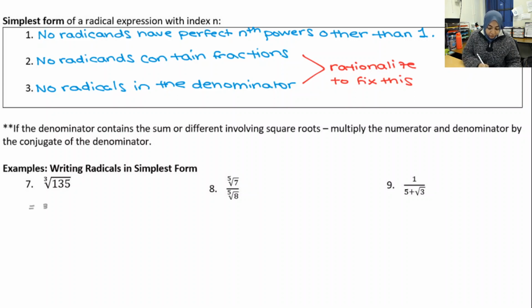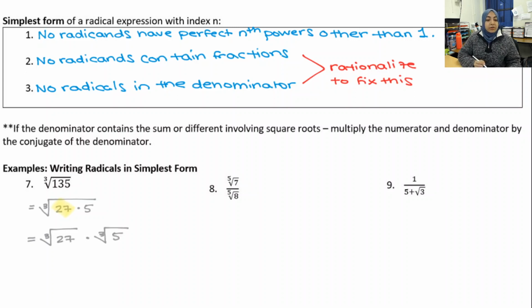So the cube root of 135 can actually be split into 27 times 2. Wait, not 27 times 2, 27 times 5. There we go. Okay, 27 times 5. 27 is a perfect cube. So what I can do now, and this middle step is the step that you guys usually skip when you're doing your work, is write these as 2 separate radicals.